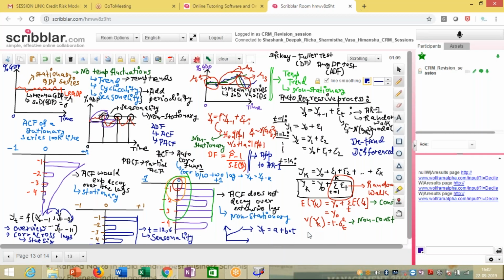So first, talking about the Akaike information criteria.